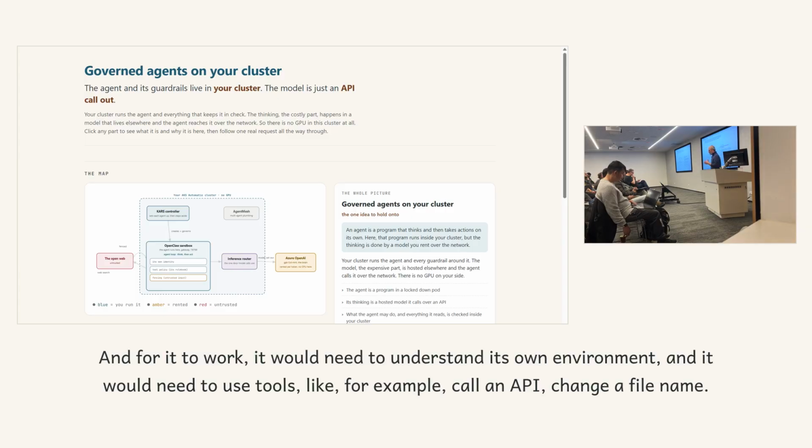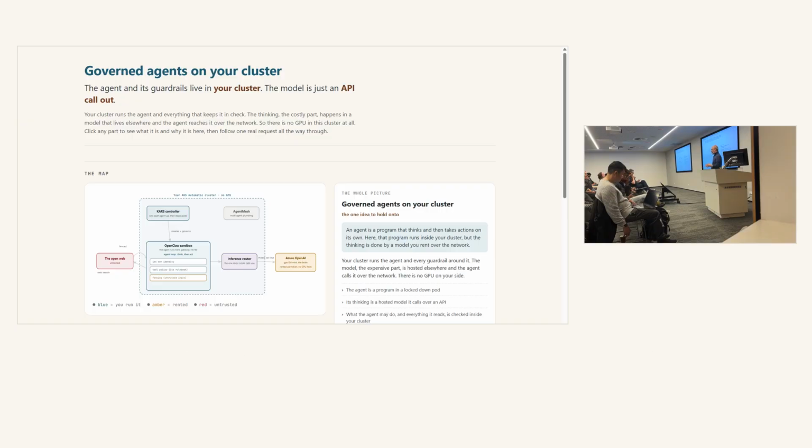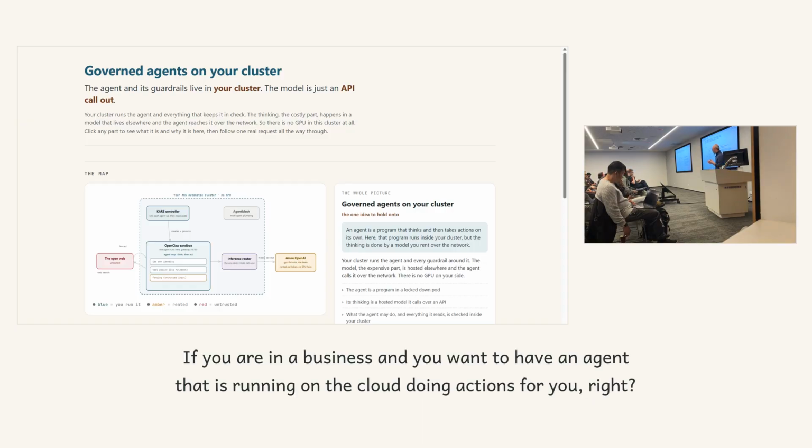For it to work, it needs to understand your own environment. It would need to use tools like a bash tool, or call an API, or change a file name. So it takes actions. But this is running on top of your own laptop. What if you are in a business and you want an agent running on the cloud doing actions for you?